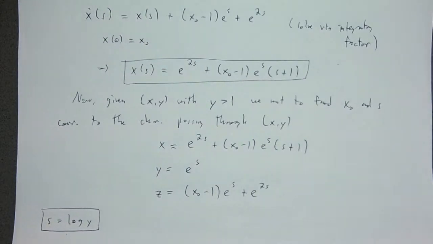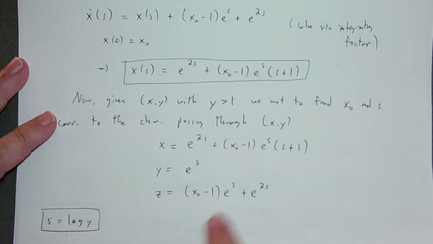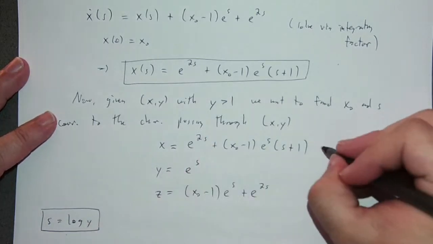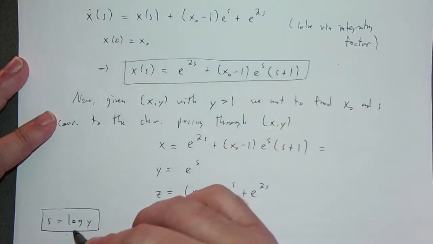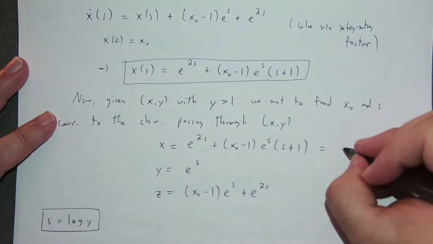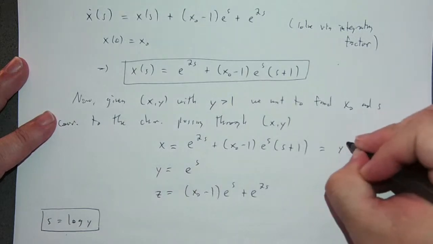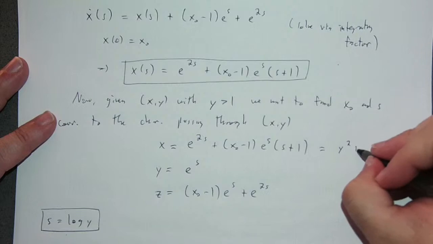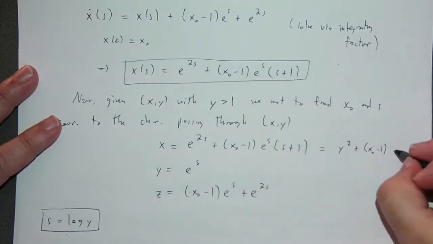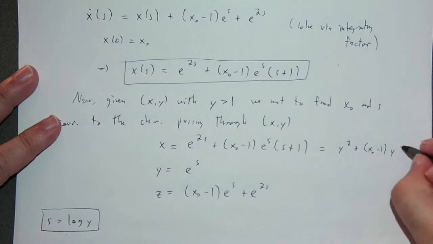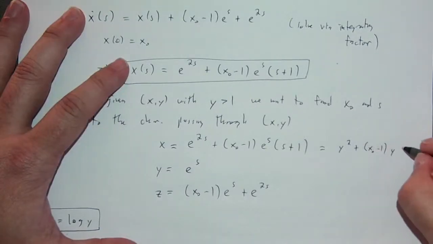For the algebra I need to do now, all I need to do is put in log of y here. So this becomes e to the 2 log y, which is the same as e to the log y squared. So this would be y squared plus x naught minus 1. e to the log y is just going to be y, times log y plus 1.